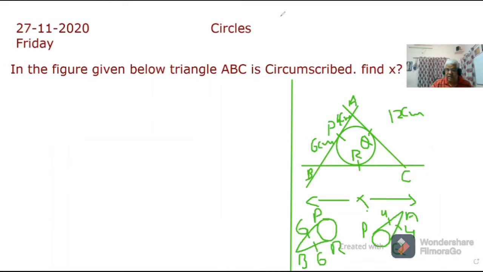Now, according to our theory, AP is also equal to AQ, therefore it is 4. They have given AC as 12, and 12 minus 4 gives you 8 centimeter. And here we are having 6 centimeter.